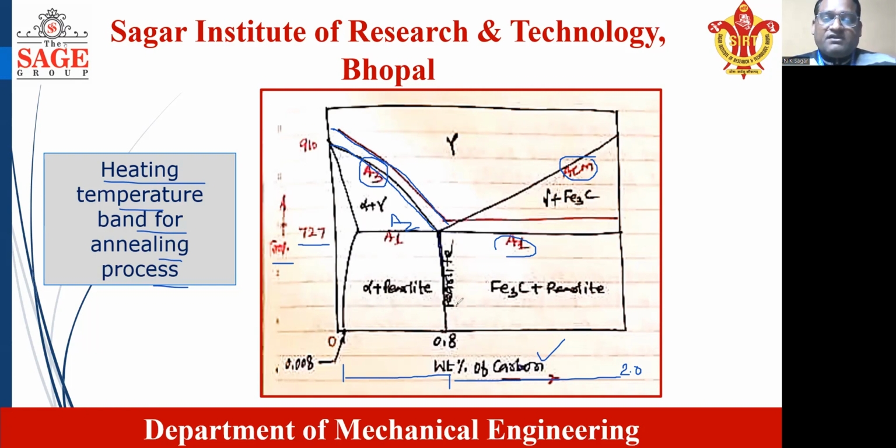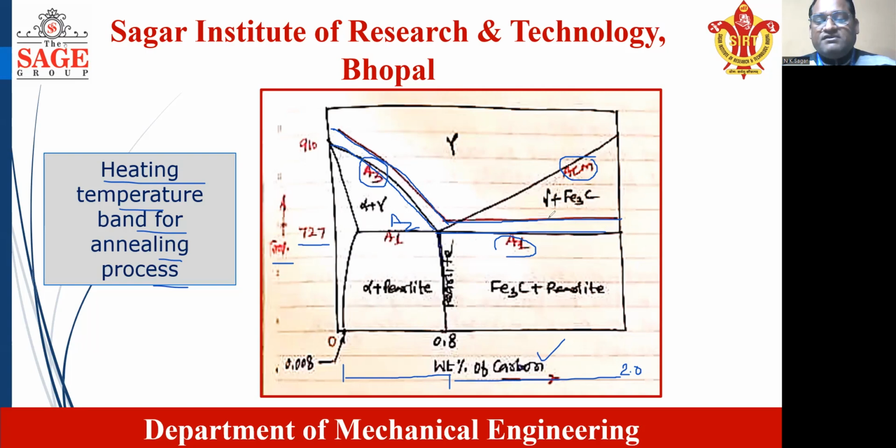And if the metal or alloy is hypereutectoid steel, then what will be the limit of heating temperature? The limit of the heating temperature is about 50 degrees Celsius above the A1 curve. So the heating temperature band for hypereutectoid steel will be parallel to the A1 curve, but just above it, about 50 degrees Celsius.